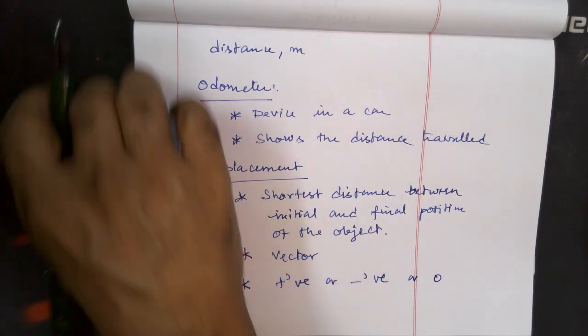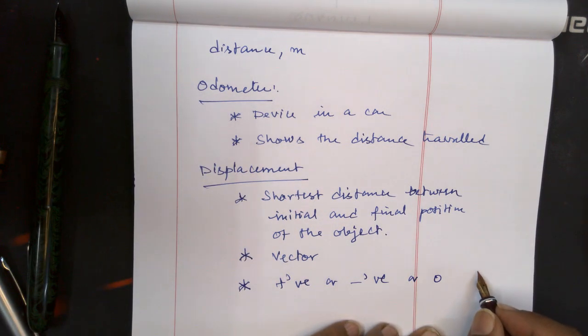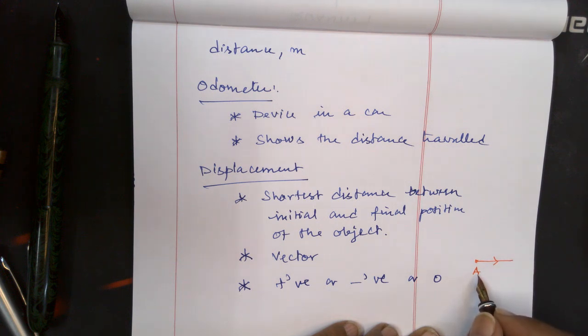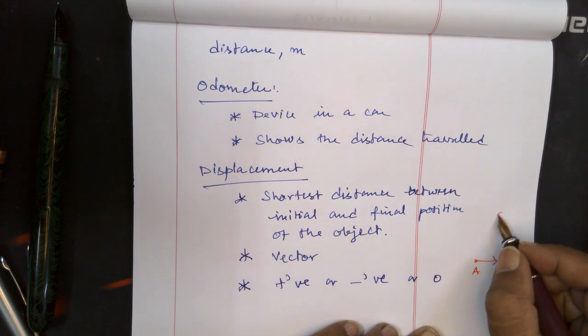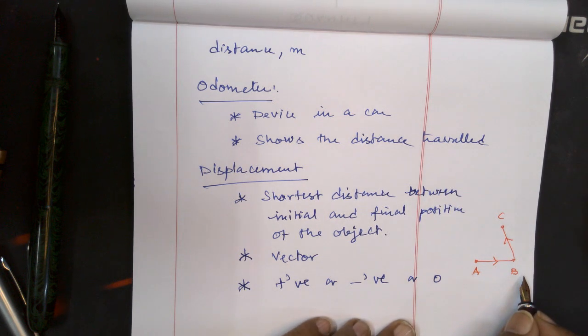For example, let us consider a car is moving from A. It goes here. So this is the initial position and it reaches B. From where it goes here, that is C. So AB is the first displacement and that can be represented by the AB vector.